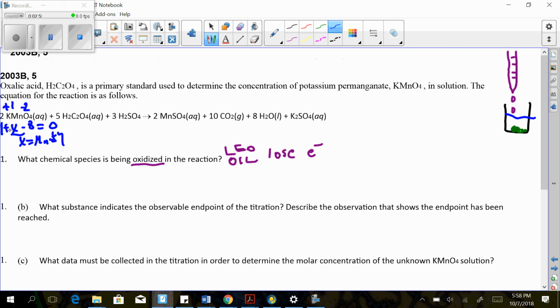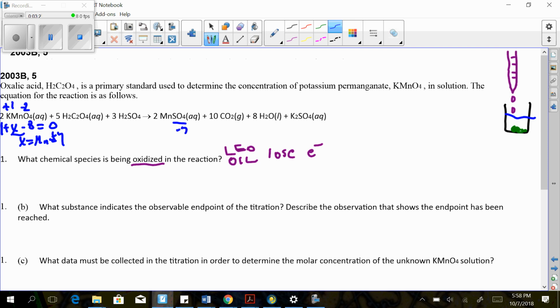So if I have 1 and 7, a +8, oxygen is a total, all 4 of them together make a -8. We have a neutral compound. So manganese in this compound is +7. Now, if I come over to the other side, I'm going to look at the manganese over here. I know the sulfate ion is going to be a -2.